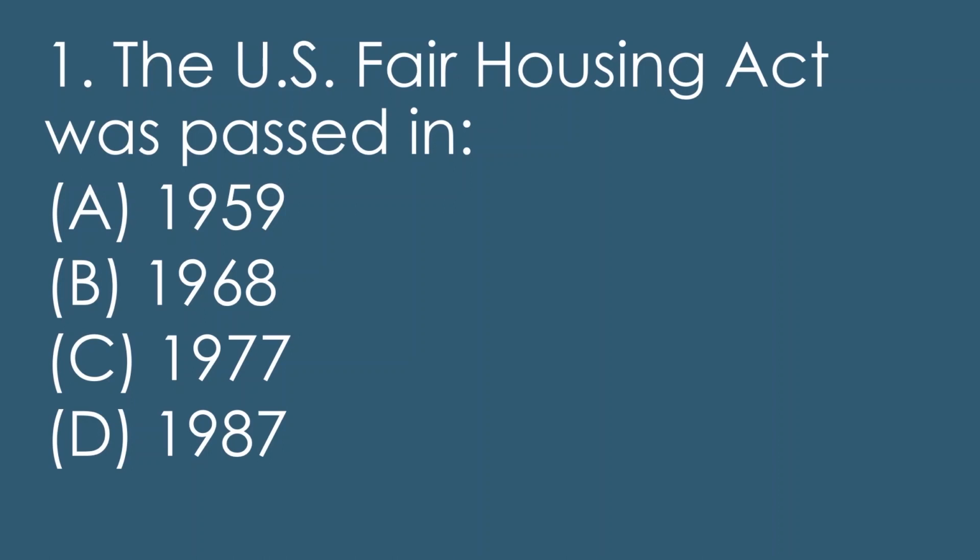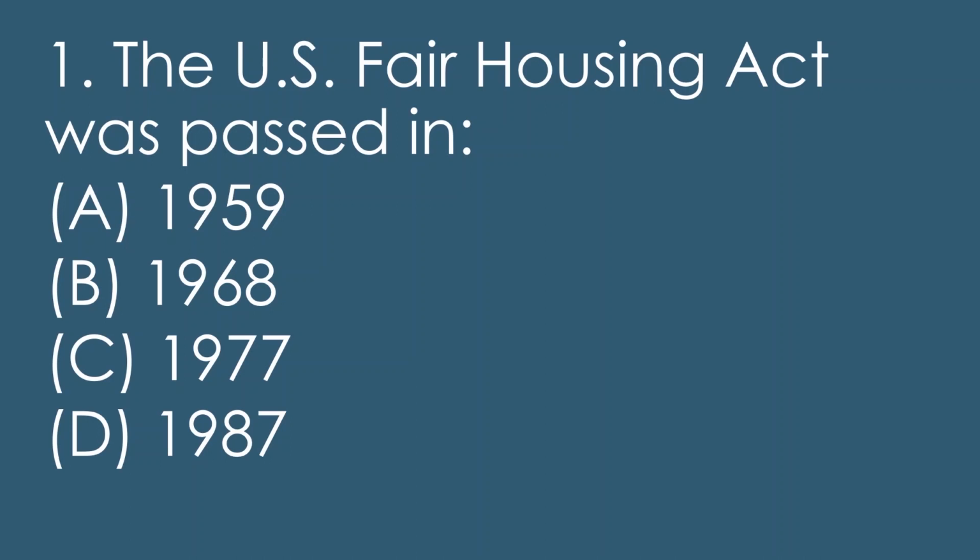Number 1. The U.S. Fair Housing Act was passed in: A, 1959; B, 1968; C, 1977; D, 1987. This is the main federal fair housing law that we're talking about, the U.S. Fair Housing Act.